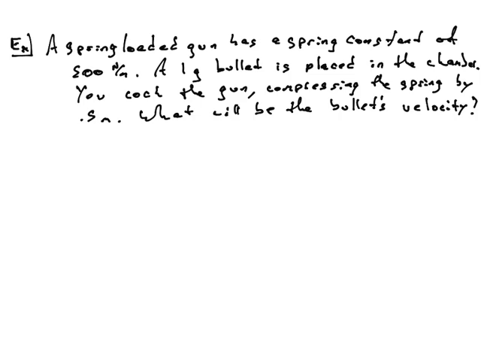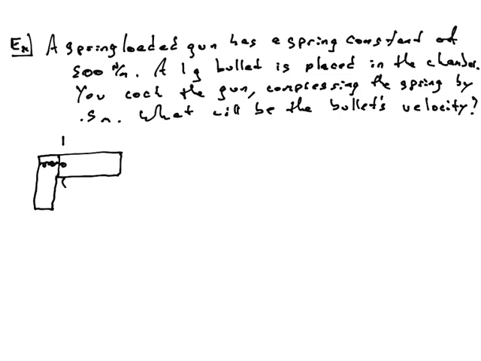Okay, so obviously a different sounding story, but you're going to see we're going to solve this the same way. Let's draw a little picture just so we get an idea. Here's my gun. Here's a little spring and our bullet. And so we cock the gun.